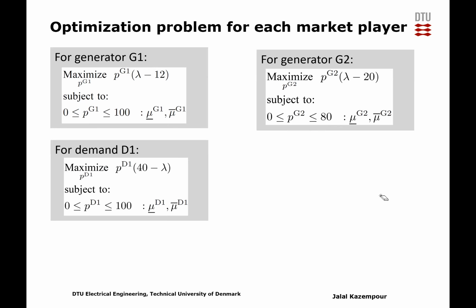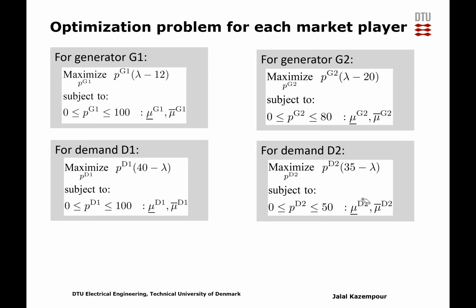We also have the third optimization problem for elastic demand D1, who again tries to maximize its utility, which is the consumption of that demand times the difference of the bid price 40 minus the market price. And again, we have a technical constraint for that demand.